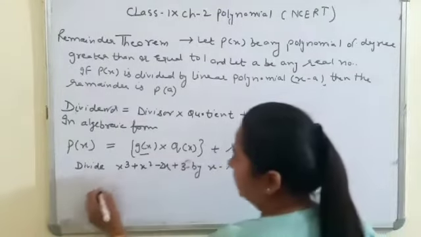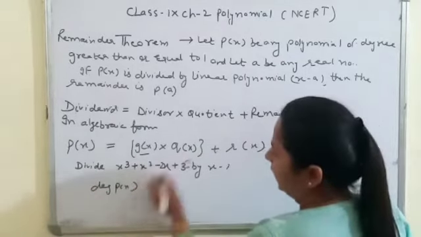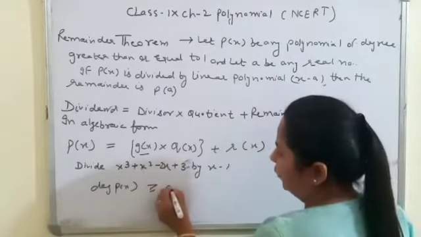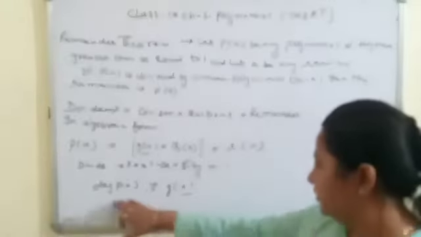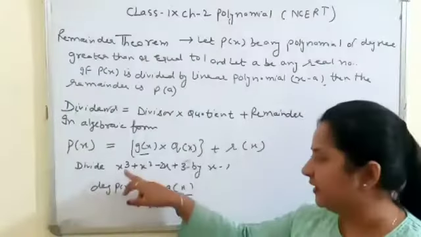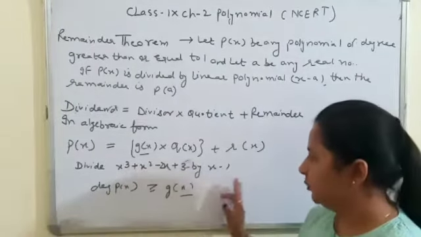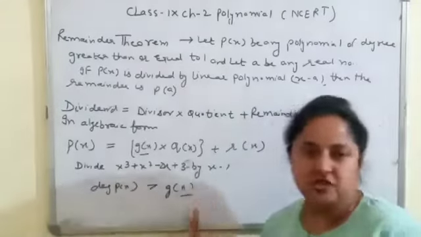Here you can see the degree of the polynomial dividend is greater than or equal to the degree of the divisor G(x).